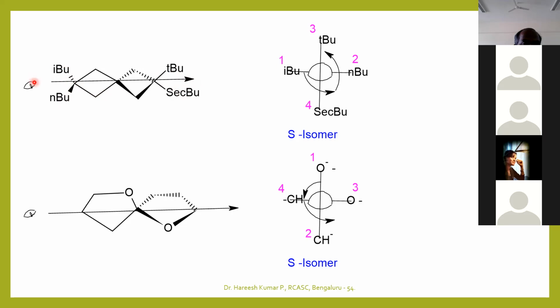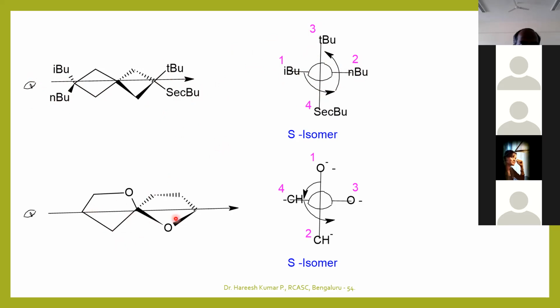So when you are viewing from here, this isobutyl group is coming on the left hand side, that is this, and N-butyl is coming on the right hand side, that is this. Vertical ones. So vertical means tertiary butyl is this, secondary butyl is this. When the priority is 1, 2, tertiary butyl 3. So that means it will be moving from here to here, there to here. That means it is an S configuration.